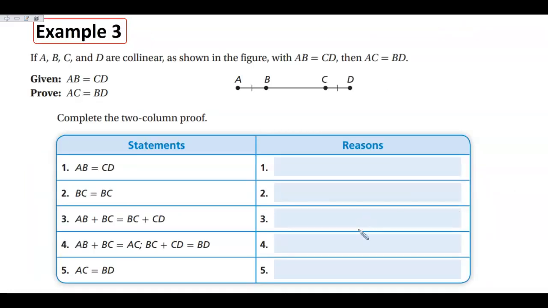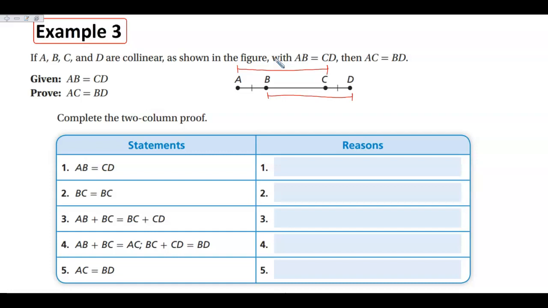Let's look at another example. Okay. I'm given that AB is equal to CD, and I want to prove that AC, which is this segment here, is congruent to BD, which is this segment here. Now, does it make sense that since this is the same, like don't write these numbers down on your paper, but we're going to just make up some numbers to make it make sense in our head, okay?